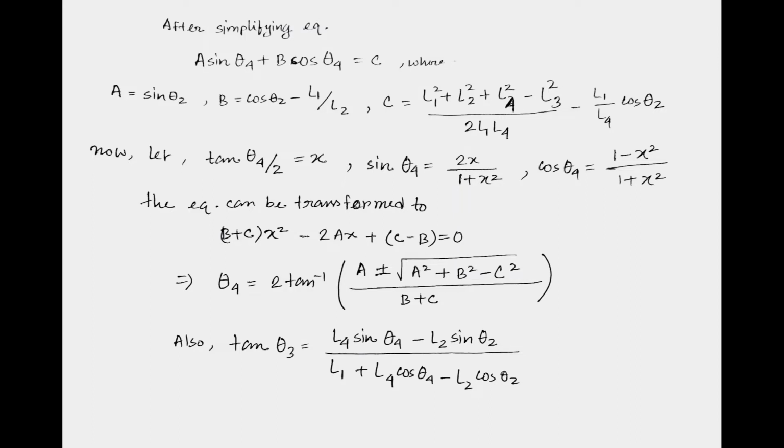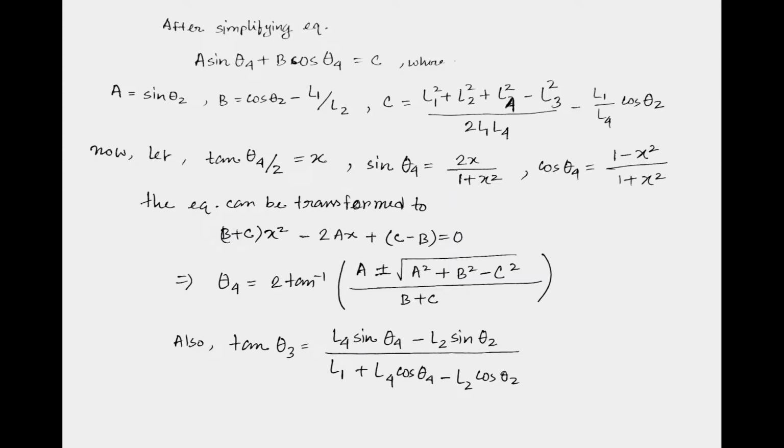The obtained equation can be simplified as A sin theta 4 plus B cos theta 4 equal to C, where A is equal to sin theta 2, B is equal to cos theta 2 minus L1 by L2, and C is equal to (L1 square plus L2 square plus L4 square minus L3 square) whole divided by L1 L4 into 2 minus L1 by L4 cos theta 2.